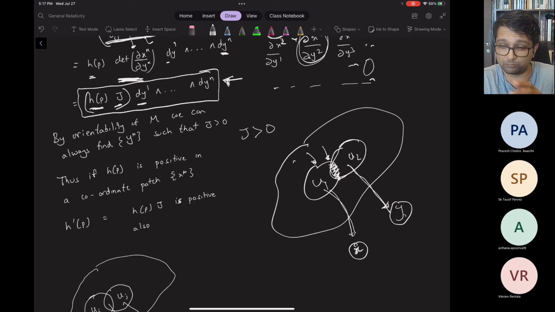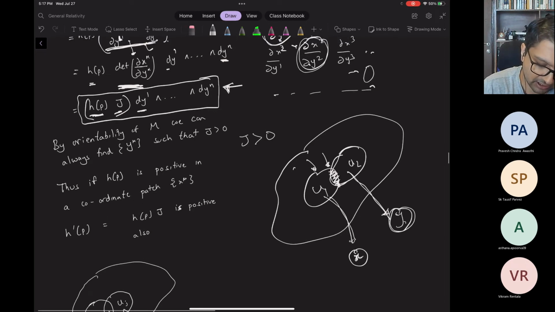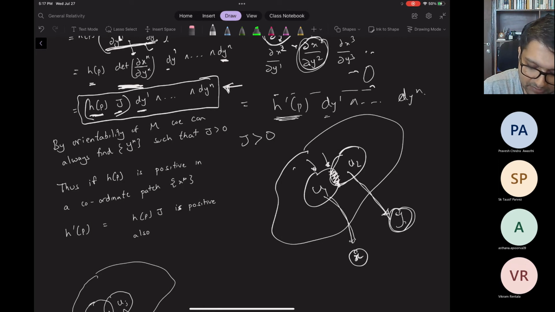That's the definition of what we mean by orientability. So if we can find the coordinates y such that the Jacobian is positive, then we have now expressed, using some other function h prime of p, a strictly positive function times dy1 wedge dot dot dot wedge dyn.